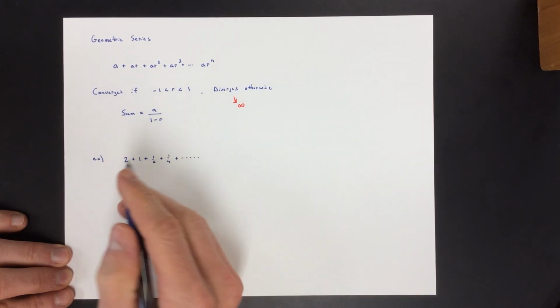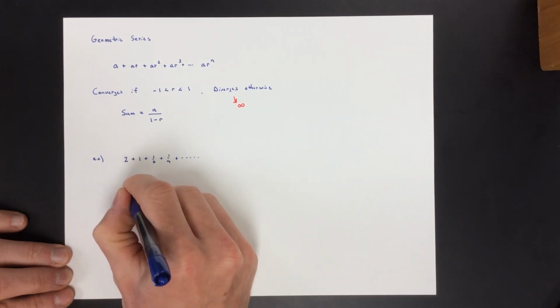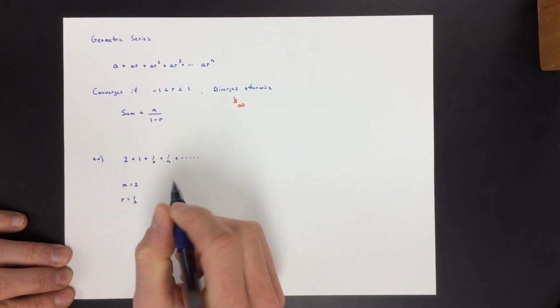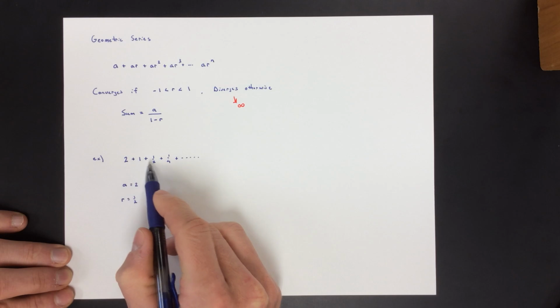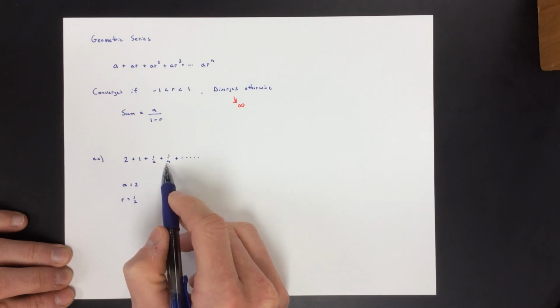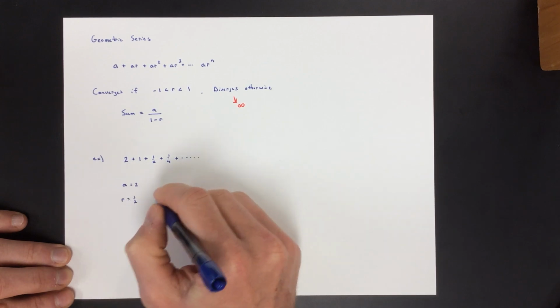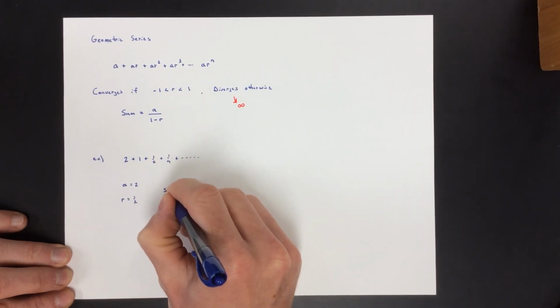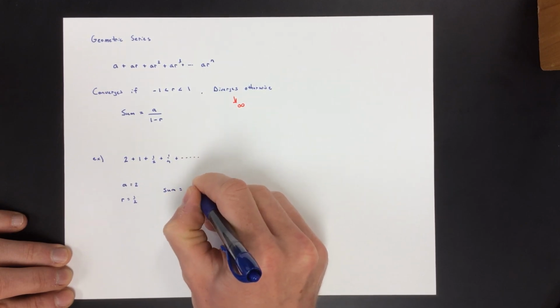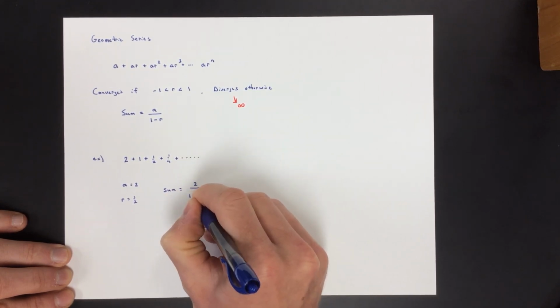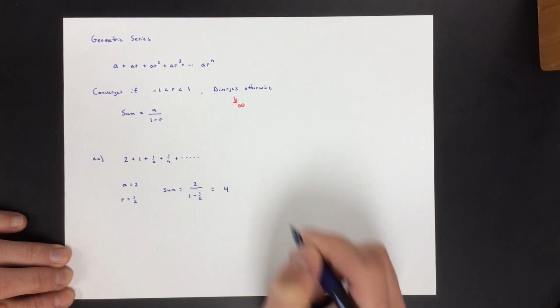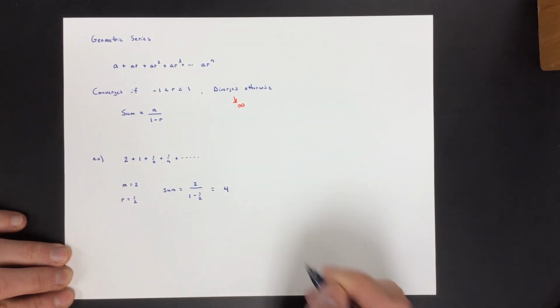What we need to establish is what A is: A is equal to 2, and R is a half. This is A, this is AR, this is AR squared, and this is AR cubed. Since R fits the restriction, the sum equals A over 1 minus R, which is 2 over a half, which is 4.